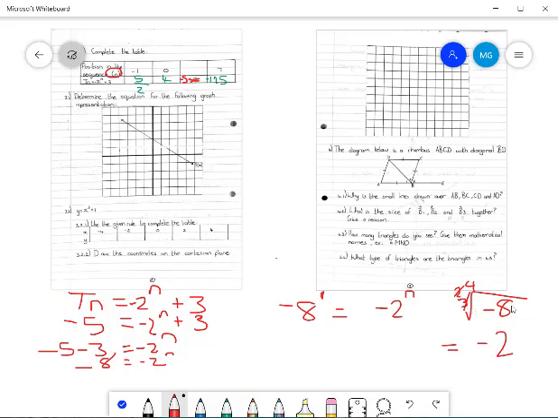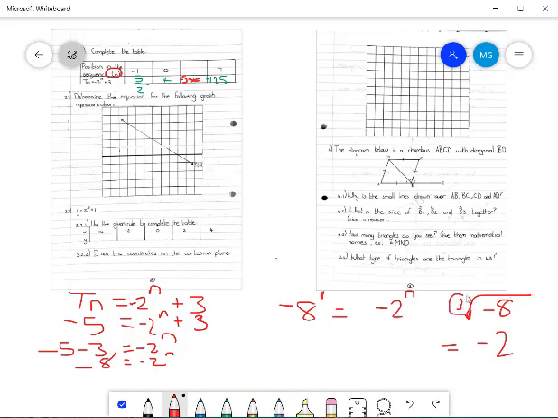And the cube root of minus 8, you can figure this out on your calculator. It's much easier. And if you do, you'll see that the cube root of minus 8 is minus 2.